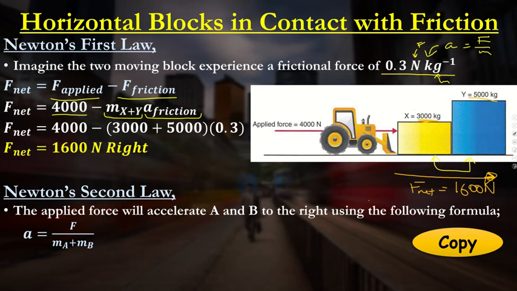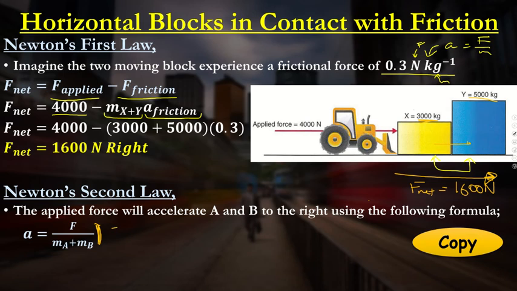Once I know what the net force is being applied on both these objects combined, I can work out the acceleration of these objects as well. So go back to the same formula I used from the first scenario.